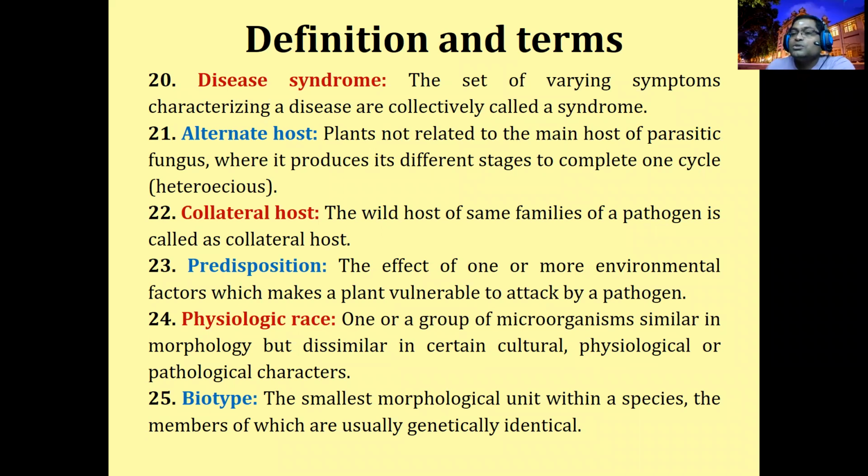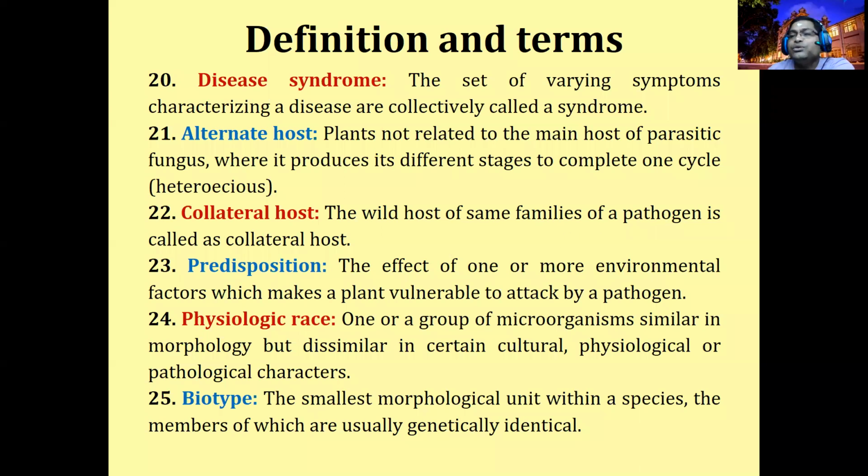Somebody going into hot conditions cannot tolerate them, because environmental factors influence their body. Like that, in plants, conditions can influence and weaken host resistance, giving the pathogen time to multiply. That is predisposition, the effect of environmental factors.